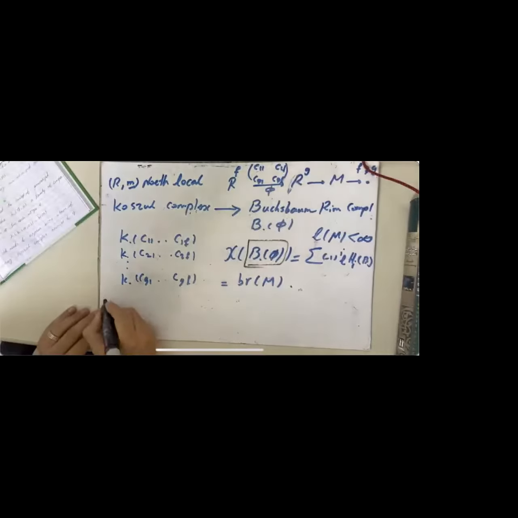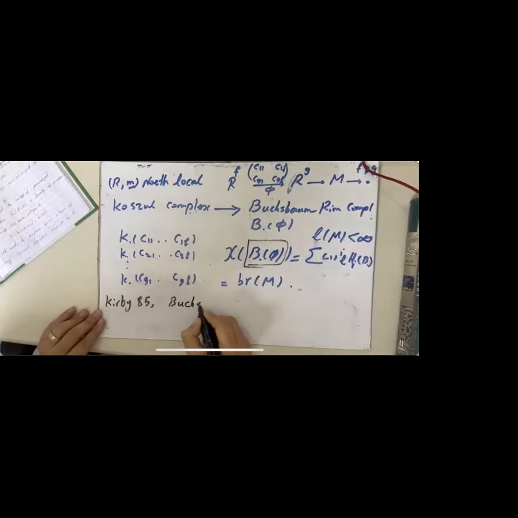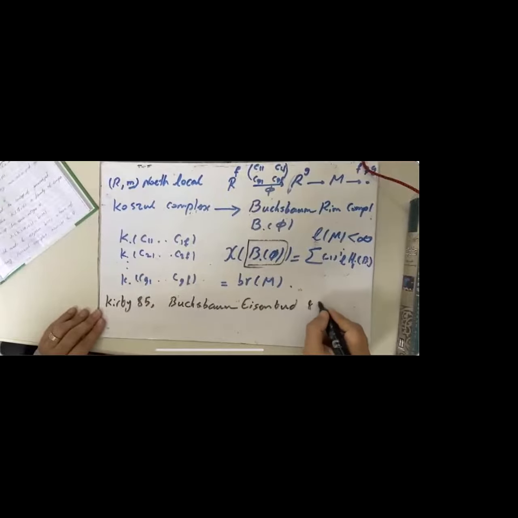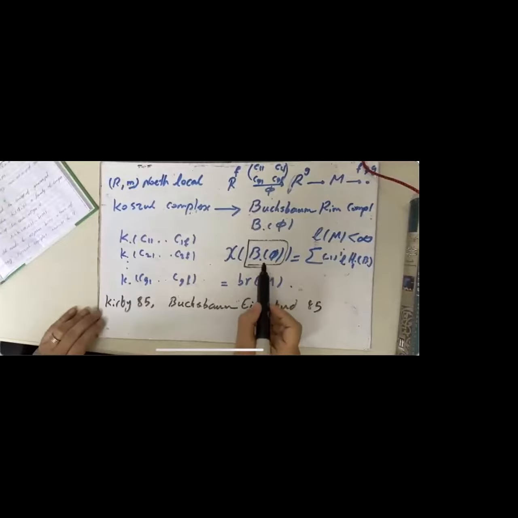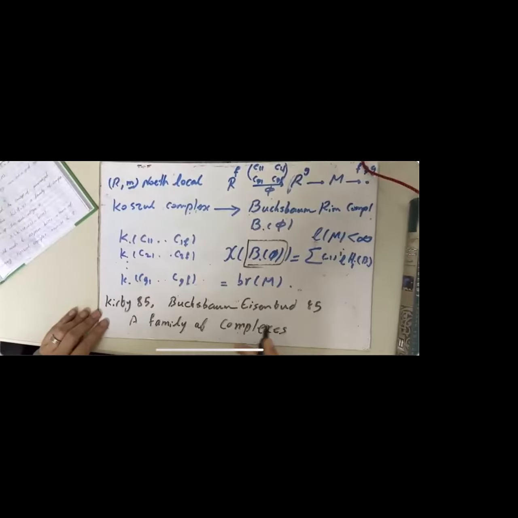So Kirby in 85 and Buchsbaum and Eisenbud at almost the same time generalized the family of the Buchsbaum-Rim complex to a family of complexes which nowadays are called generalized Koszul complexes or the Buchsbaum-Eisenbud family of complexes.